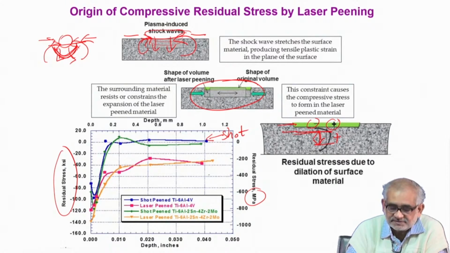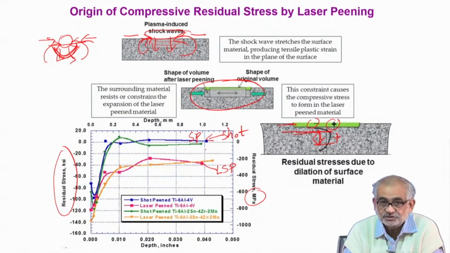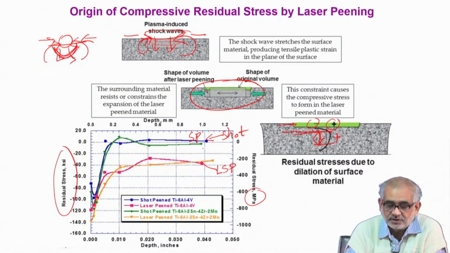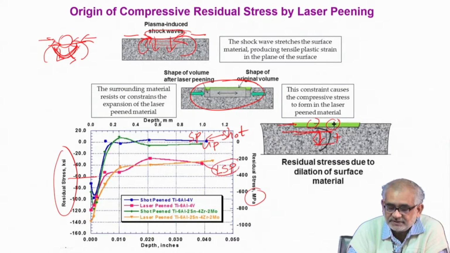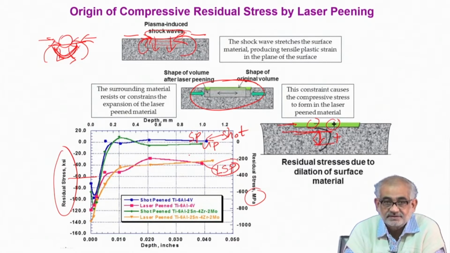If the method is laser peening, then this is where we are. So, what we understand is that compared to shot peening or ultrasonic peening, the magnitude of the residual stress that we develop in laser shock peening is much higher, and also deeper. So, both these effects are very, very beneficial.